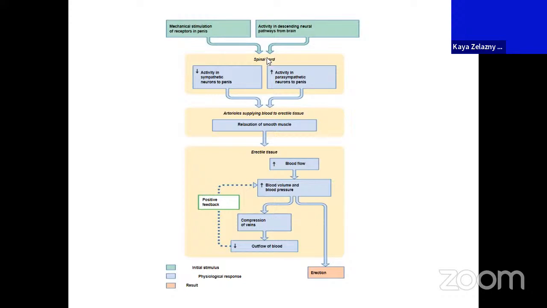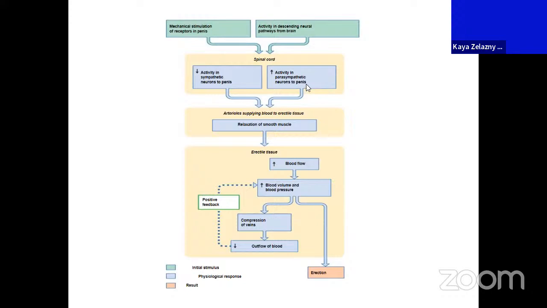And the first part that we're going to have, as we are going towards our goal of erection first, right? That's the first stage, the first phase of the sexual response. So we're going to see an increase in activity in parasympathetic innervation to the penis at the same time as we have a drop in sympathetic activity. Okay.